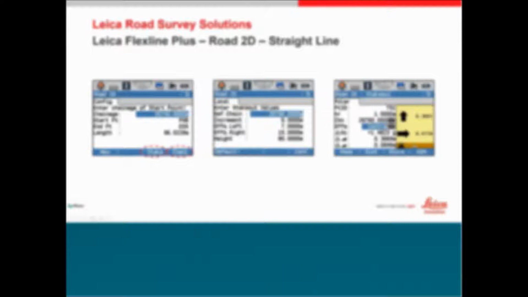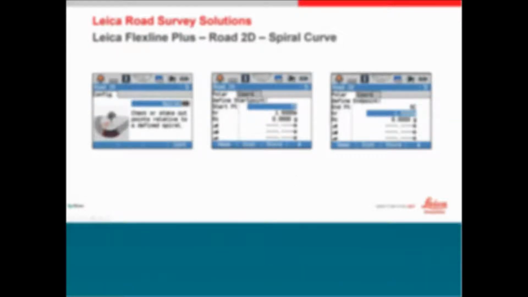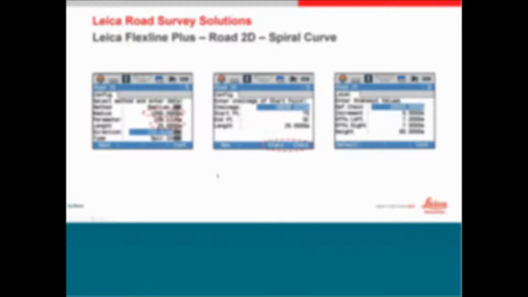So that's how it works, so you have to follow these rules. I also included the spiral curve setting, so you can also use this guide for spiral curve setting out.